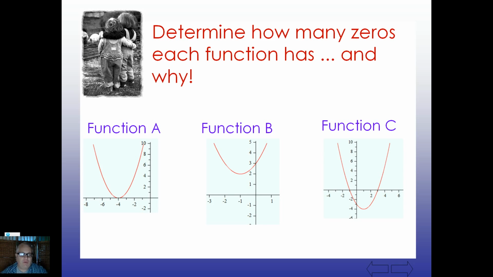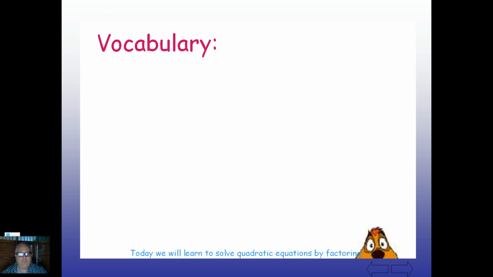Function B, do the same, and function C. Hopefully you said you have 1 zero here for function A. There's no zeros for function B, and yet there's 2 for function C. And you can tell by how many times that function, each one individually, touches or crosses the x-axis. So we see again that we can have 1 or 2 possible x-intercepts, and occasionally we'll have 0, no real roots for your functions.